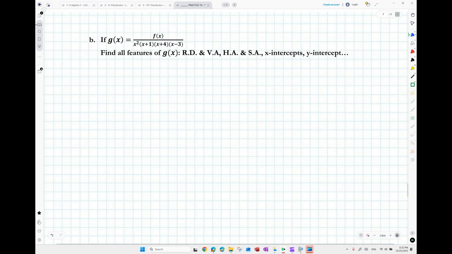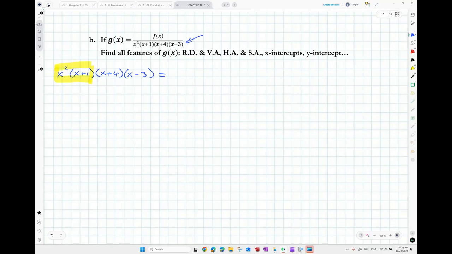So the first task that I would have to do is eventually distribute this denominator, which is given to me in factored form. So here you do the best you can, and it depends on your function.